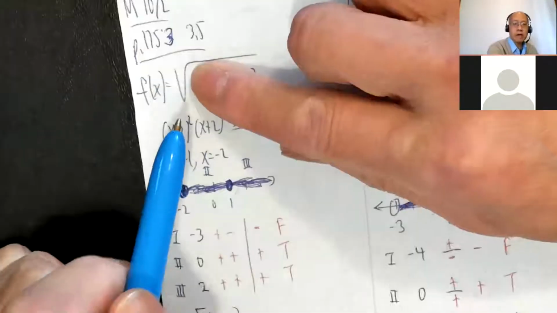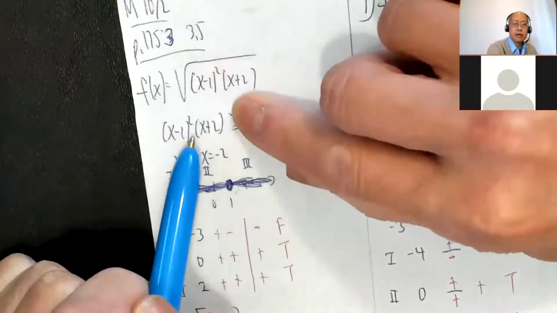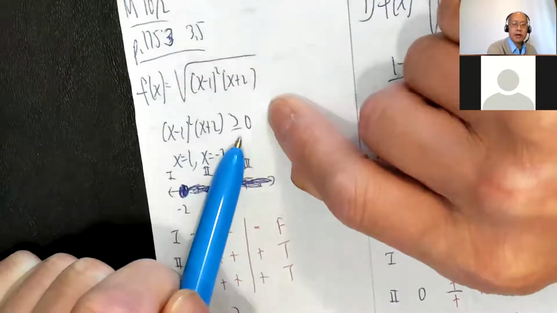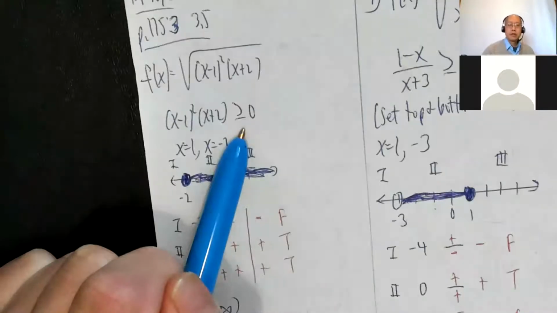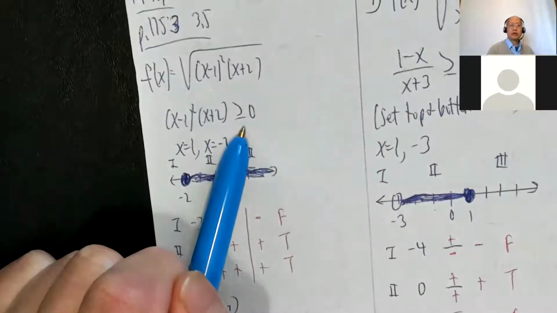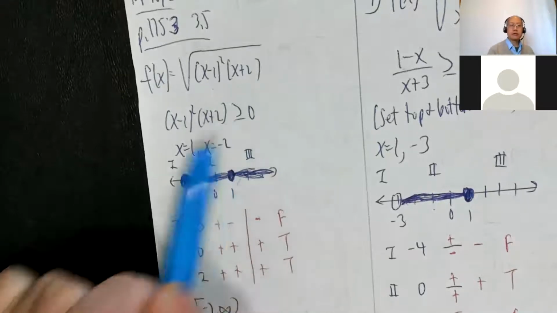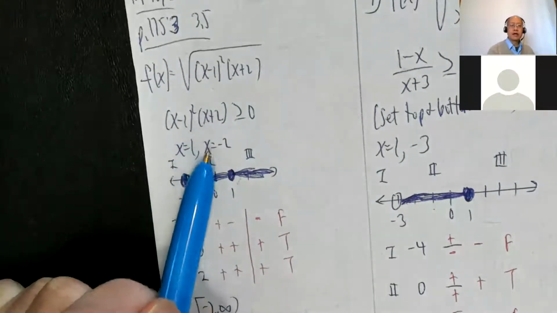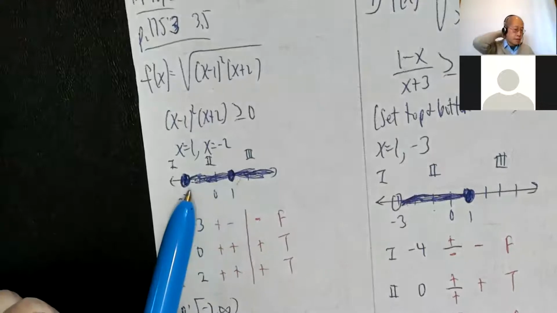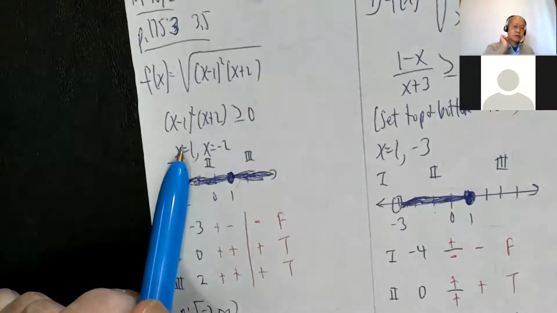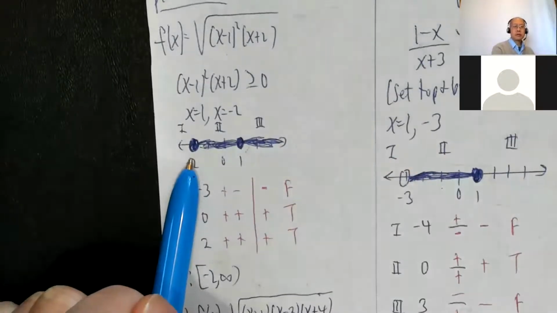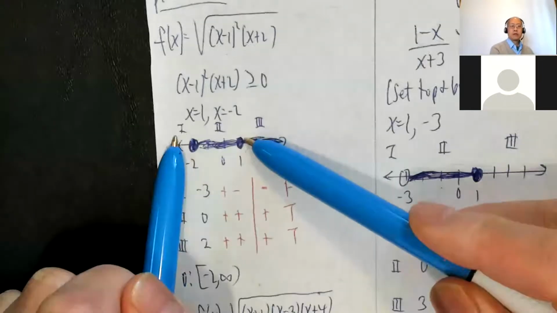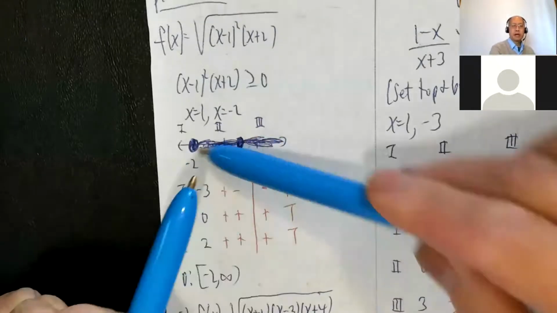Okay, so whatever's behind my finger, there it is, greater than or equal to 0. We played that game before. So set down my boundary numbers, which are 1 and -2. So 1, -2, there they are. And I have 3 regions. Region 1, region 2, region 3.